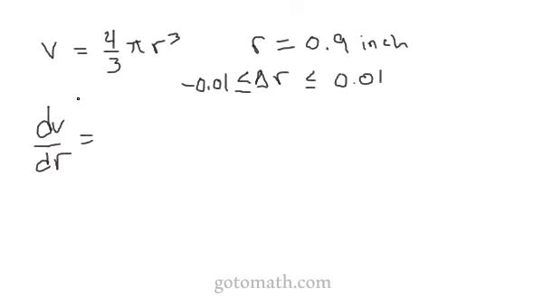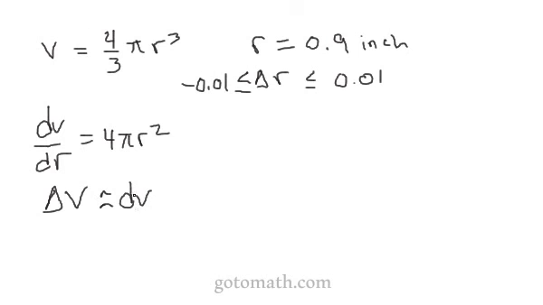We take the 3, bring it out front, so we're left with 4 pi r squared. Now, to approximate delta V by dV, remember that's what we're wanting to do, that approximation, delta V is approximately dV.